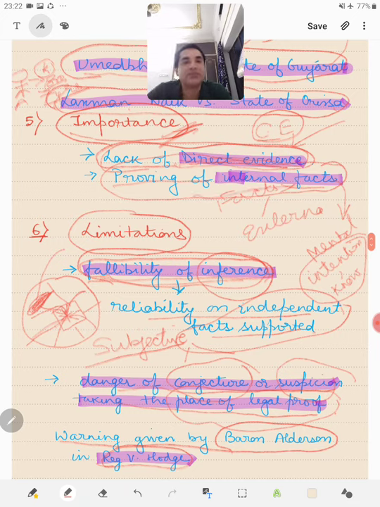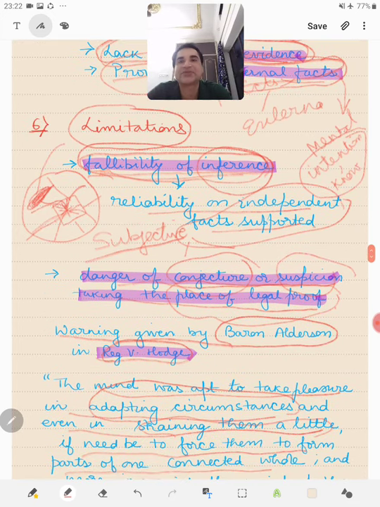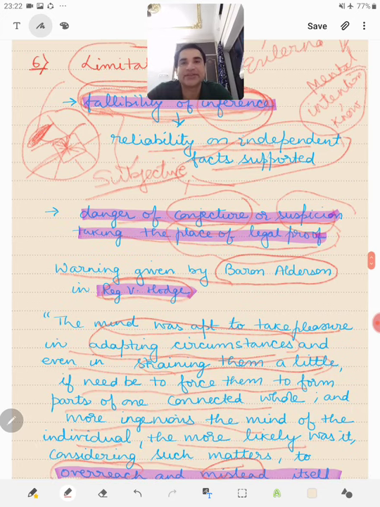Then, even in proof of the internal fact, circumstantial evidence comes to great rescue. However, it suffers from certain limitations. One limitation is the fallibility of inference because of the subjectivity involved in it, and that can be removed by relying on independent facts which support it.